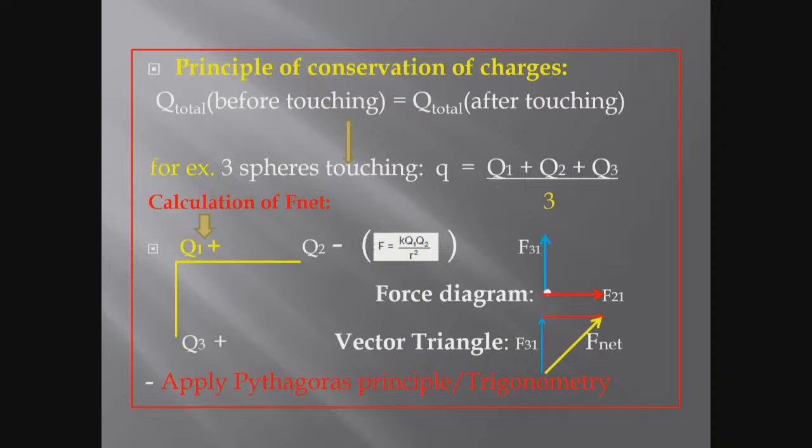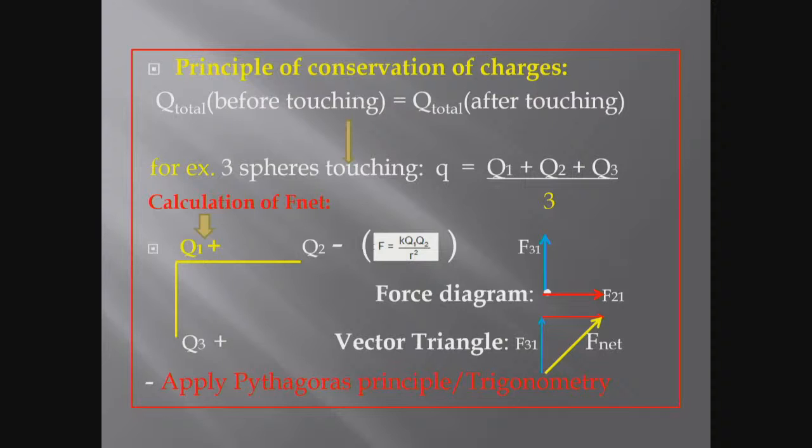So head to tail, F31, F21, close my triangle, that indicates F net, and now I have a vector triangle to use Pythagoras. And now you all know what Pythagoras indicates, that the square of F net equals the square of F31 plus the square of F21. So then you can apply Pythagoras to get the magnitude of F net. And if they ask the direction, you must calculate this angle between F31 and F net.